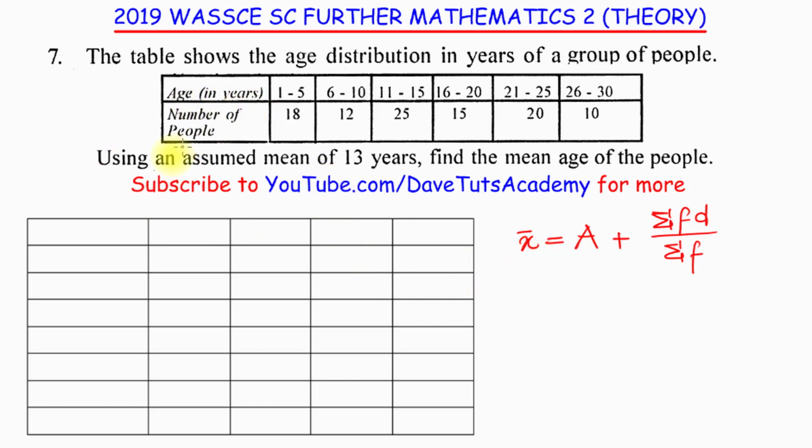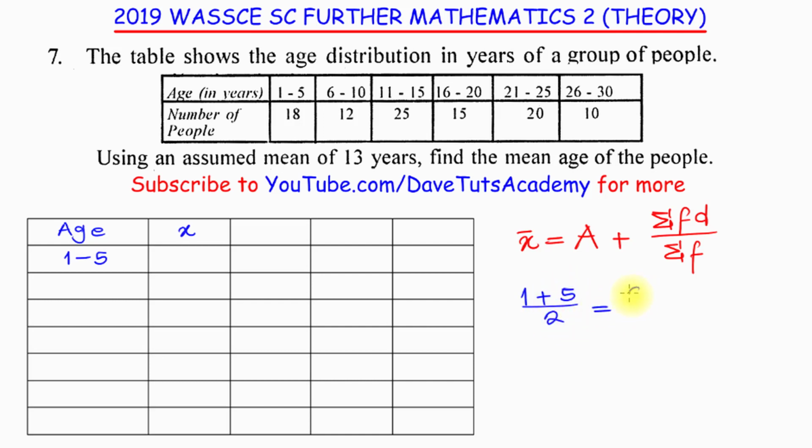Now, the age in years, so this is the column for the age. Here we are going to have the class mark, which I'm going to call x. Now, x is going to be the midpoint of that particular set of data that we are looking at. Like in the first case, when the age is 1 to 5, x will be the midpoint of this data set. We can get it by saying the lower limit, which is 1, plus the upper limit, which is 5, divided by 2.